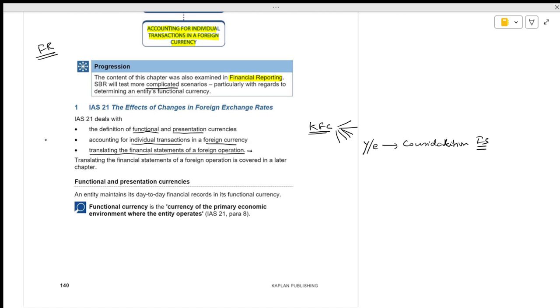When they wish to make a consolidation, definitely they will say how it has to be presented. Translating the financial statements of foreign operations is covered in this. It means we are not only working out how it has to be converted, but also how it has to be reflected.